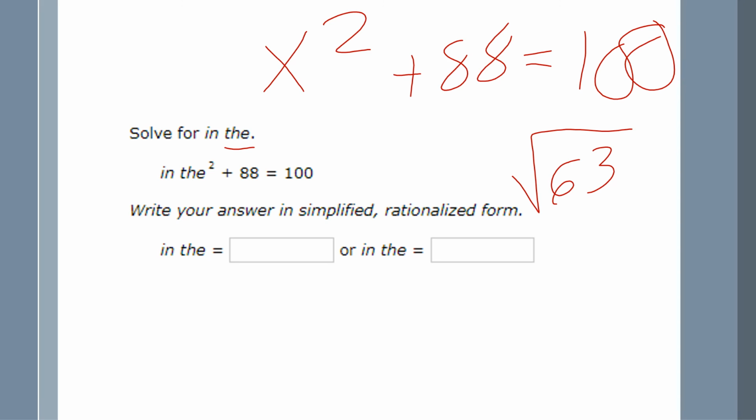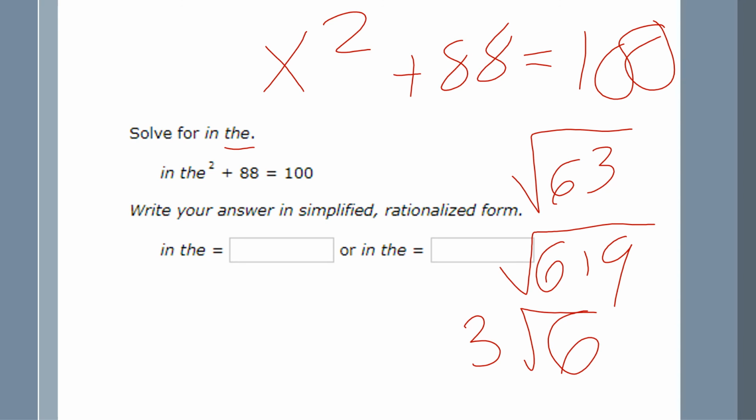Well, I gotta simplify that. So I can simplify that to 7 times 9, right? 9 is a perfect square, so it's going to be 3 times the square root of 7. That's no number times itself gives you 6.